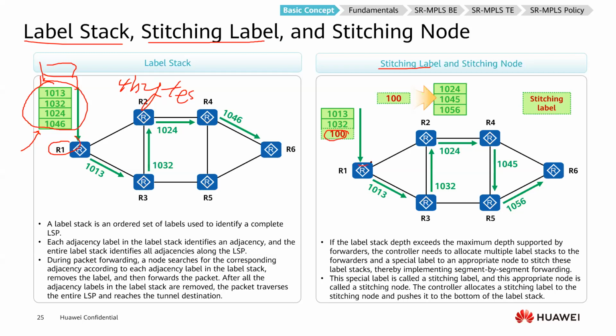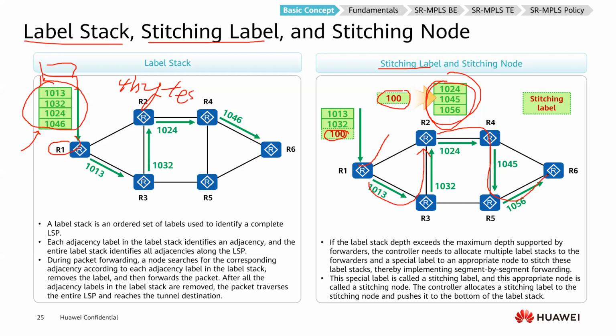When R1 sends to R2, R2 will know that this stitching label means this label, so I will add this label into the header and continue forwarding. This is called stitching label. It is normally used between ASes or between areas.